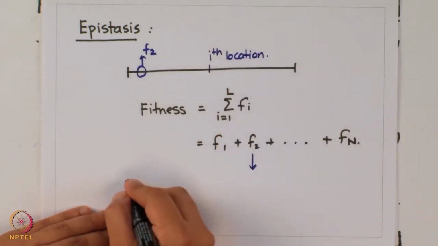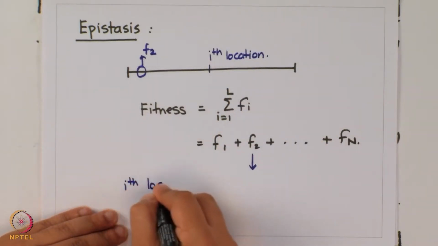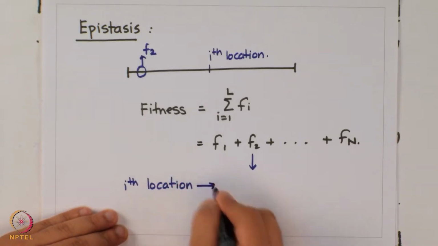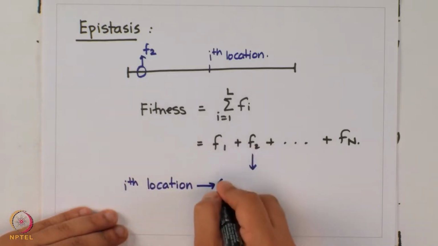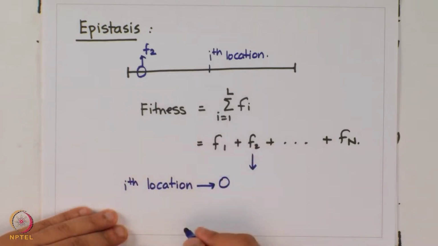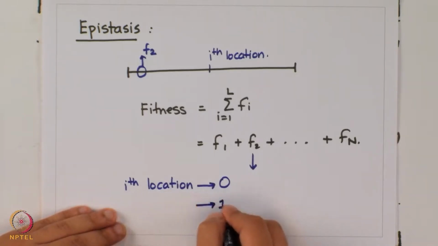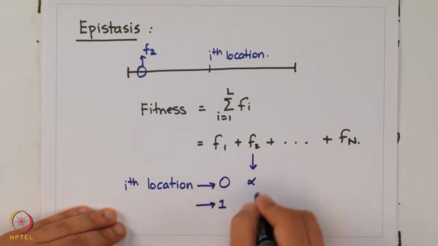If the ith position on DNA in our framework is a 0, F2 might be a certain value, but if the ith position is a 1, F2 will take a different value.